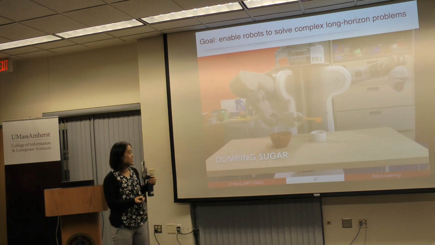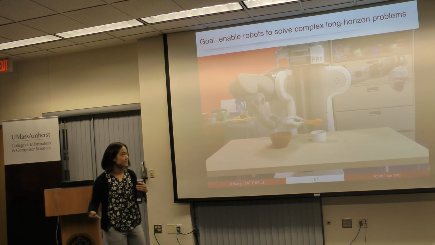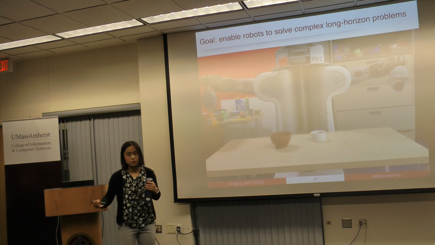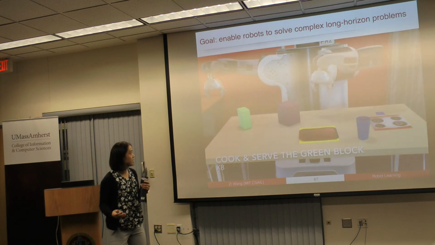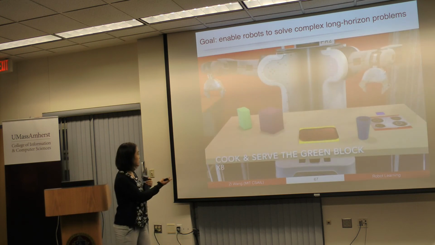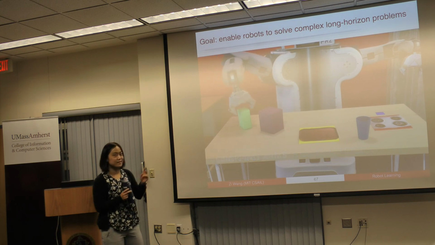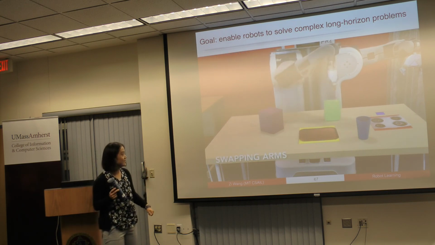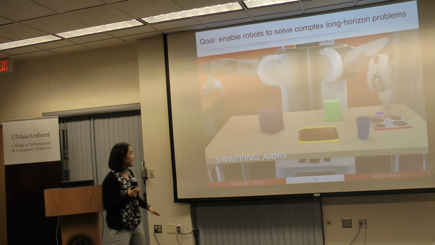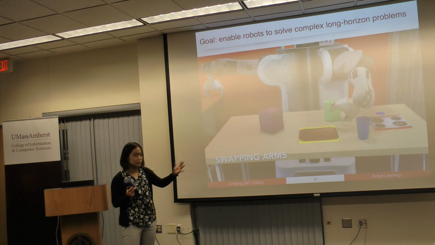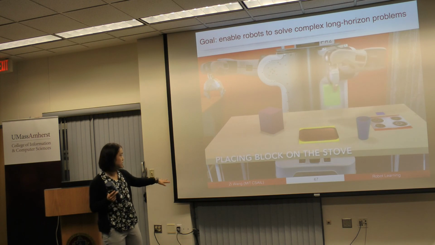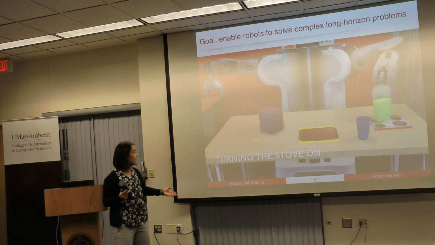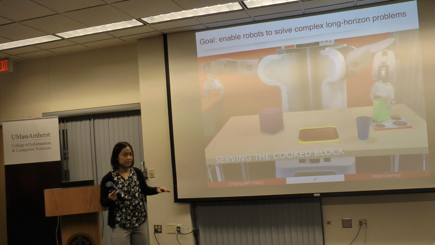this is trying to make a cup of coffee with some ingredients on the table, and it will use a bunch of different skills, like stirring and scooping. And here it's trying to cook and serve the green block. You can think of it as the lab version of broccoli, and it's also using a bunch of different skills like placing, picking, pushing the button, and so on.